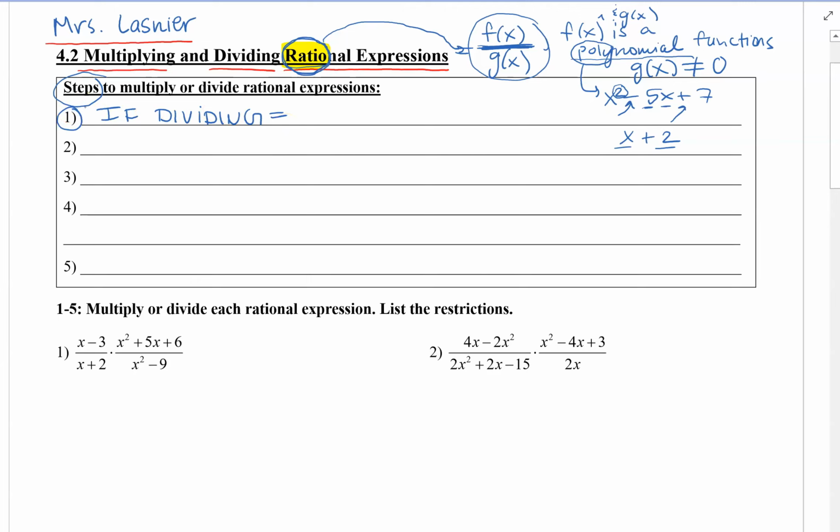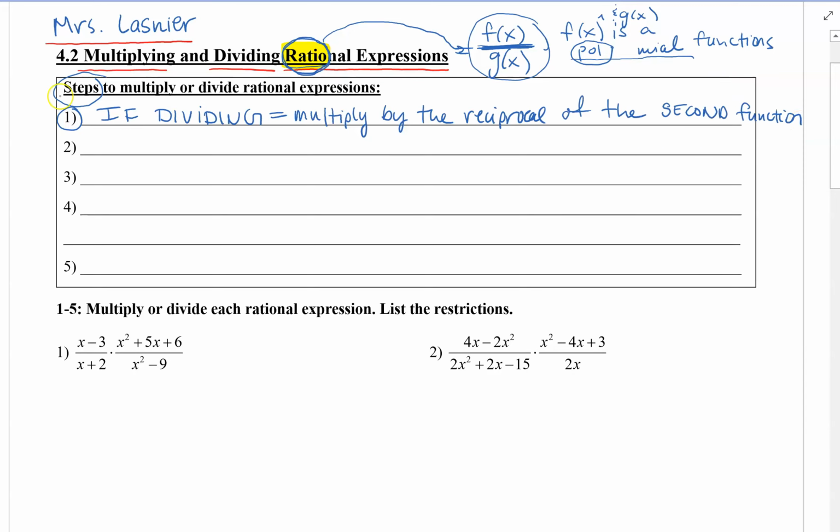So we will multiply by the reciprocal of the second function. So you only do step 1 if the problem starts out as a division problem. If you're dividing, then you basically just turn it into a multiplication problem where you multiply by the reciprocal.